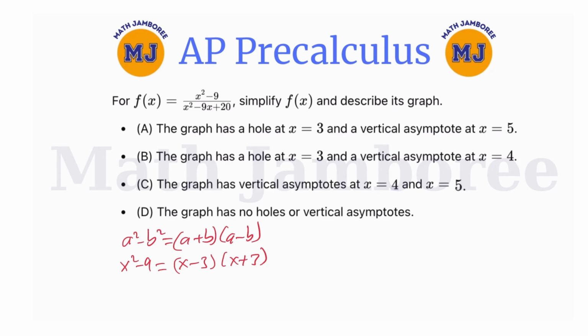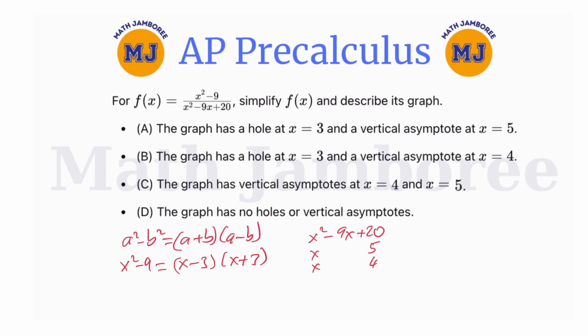So now let's factor the denominator. In the denominator, the expression x squared minus 9x plus 20 can be factored as x and x and 5 and 4.